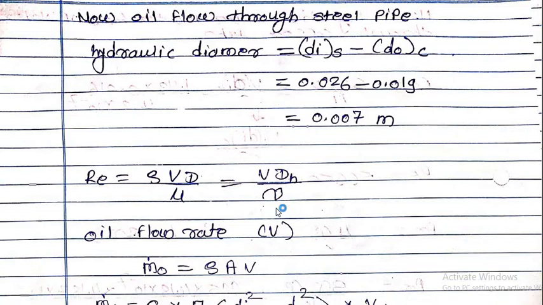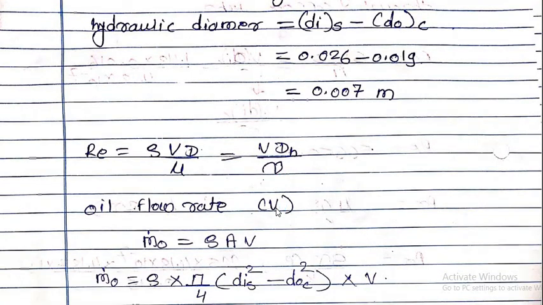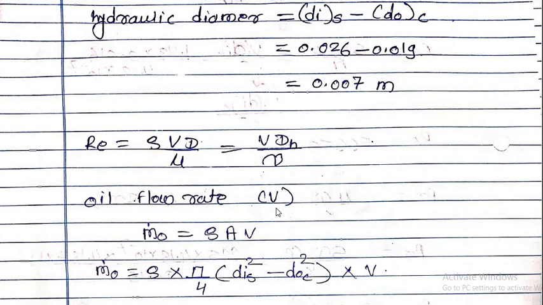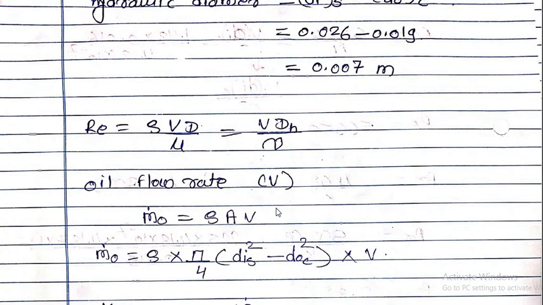Here we have to calculate the oil velocity. The mass flow rate for the oil is provided, the density of oil is a given quantity, and the area we can calculate using the diameters. From this equation we will get the velocity of the oil.